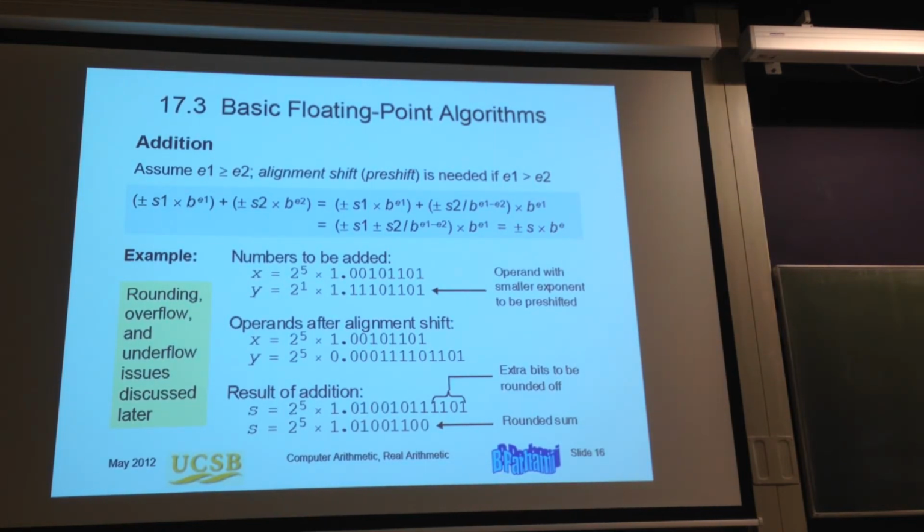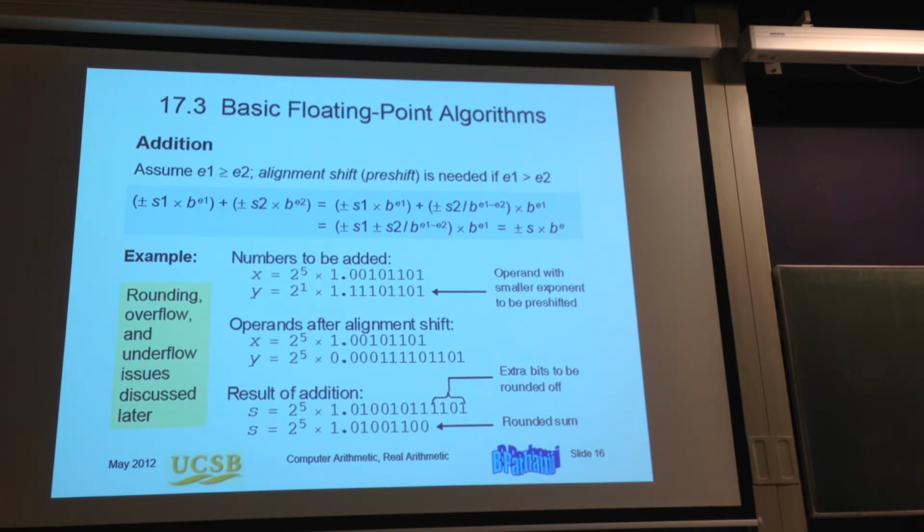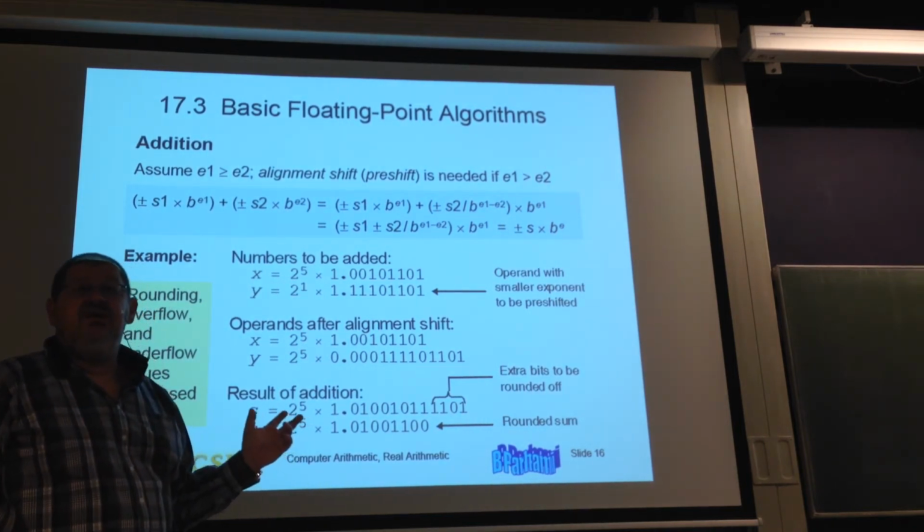I had to shift, and then I have to do the addition, and then I have to do a rounding, which is actually another addition. And I have to shift, and I may have to update the exponents. Then a simple addition ends up being complicated stuff.